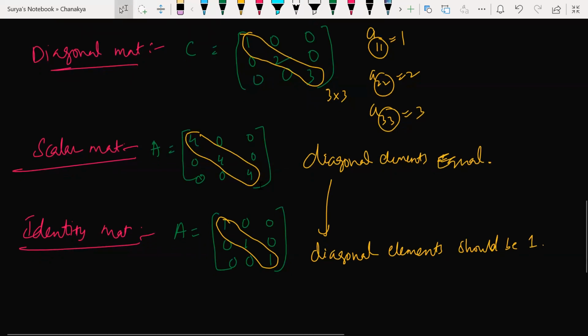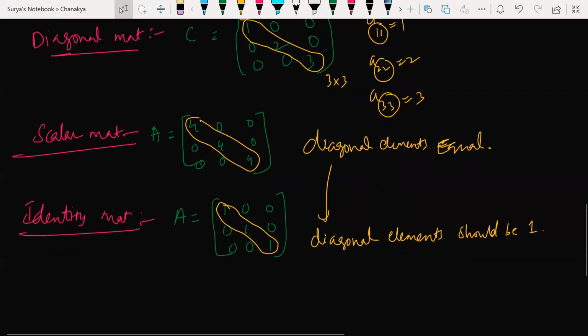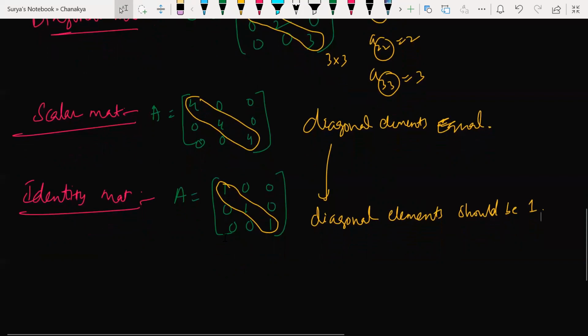Now, what did you understand from this? A diagonal matrix has elements available only in the diagonal position. A scalar matrix is a diagonal matrix where all diagonal elements should be equal. It could be anything except 0. An identity matrix has only 1 in the diagonal.